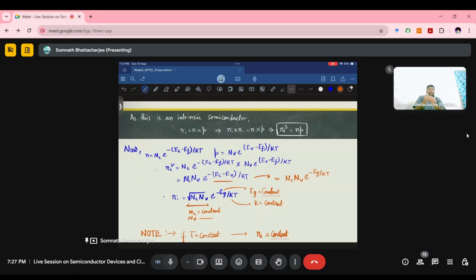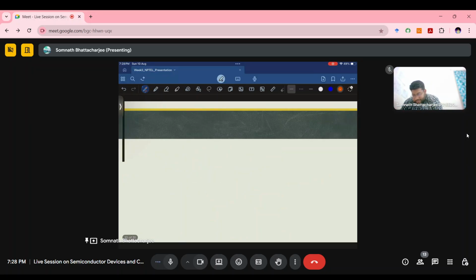So if there is no change in temperature in the intrinsic semiconductor, there is no change in intrinsic carrier concentration. If we change the temperature, the carrier concentration will change, but there won't be any change in the hole concentration and the electron concentration in that case. So now we'll move towards solving this again.